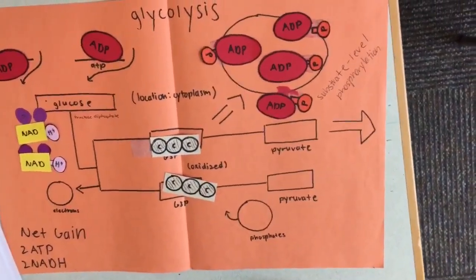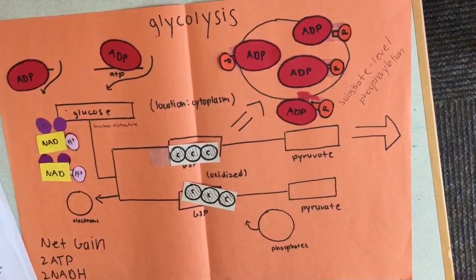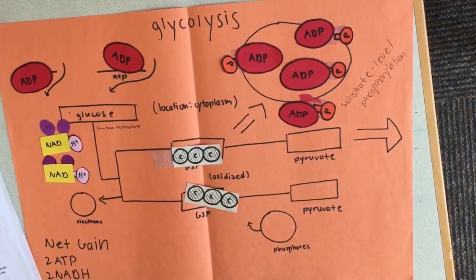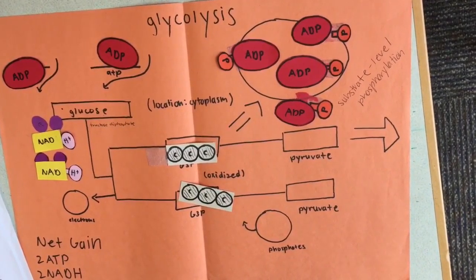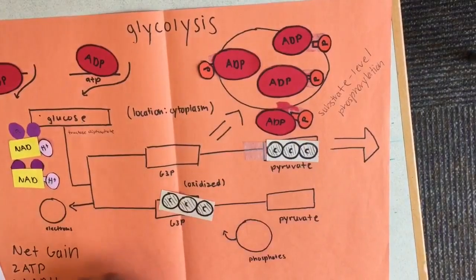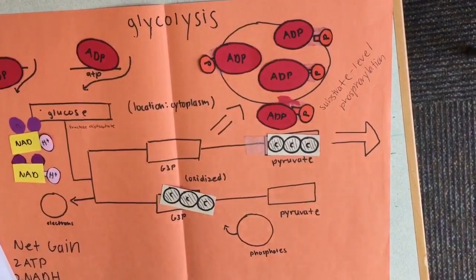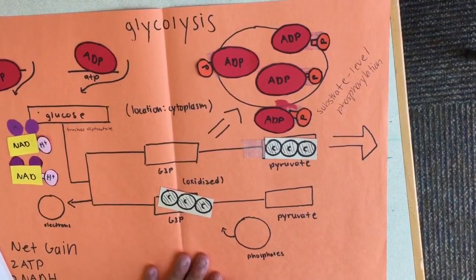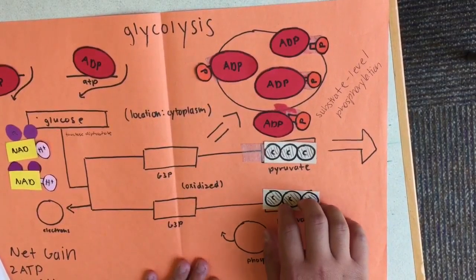Since two ATP molecules were used in the energy investment phase and four ATP molecules were made in the energy payoff phase, there's a net gain of two ATP. Other products of glycolysis are two pyruvate molecules and two NADH molecules.